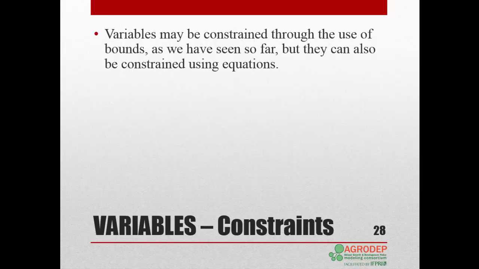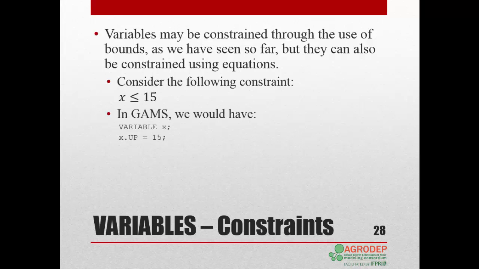Variables may be constrained either by using bounds, as we have seen, or they can also be constrained using equations. Consider the following constraint, which sets the variable x to 15 or below. In GAMS, we could define x as a variable and set an upper bound of 15 using the suffix .up.